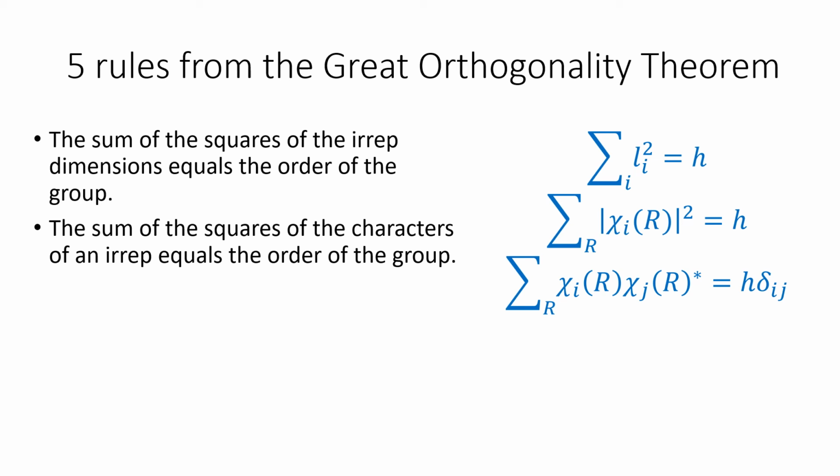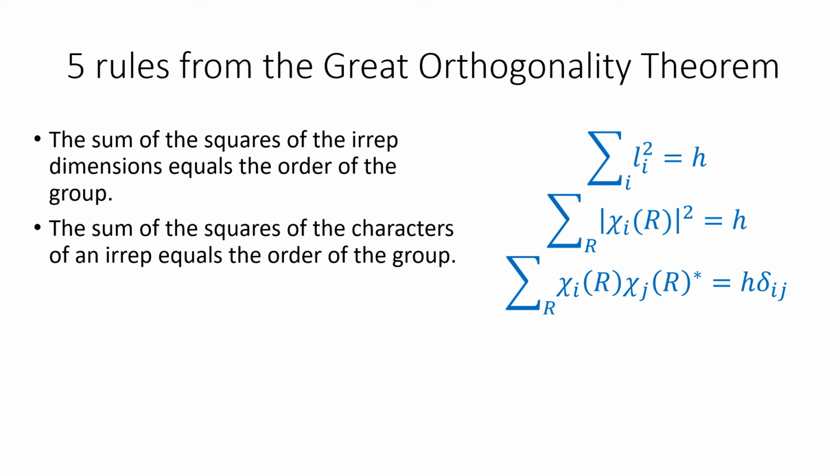This second expression is to do with characters, and so that's the Greek symbol chi there in the second equation. The sum of the squares of the characters of an irrep equals the order of the group. For a particular irrep i, so we've just got the one irrep in this case, we're not summing over i, but we're summing over R. And what the R will be here is all the symmetry operations in the group.